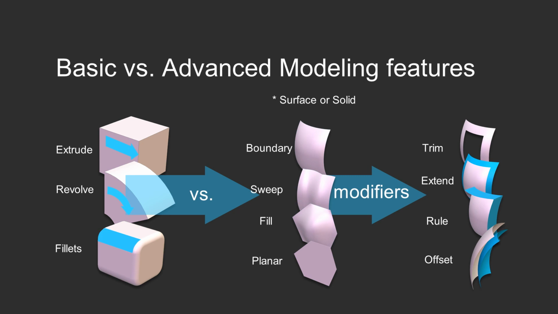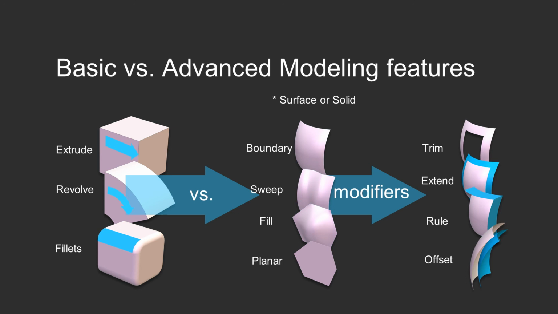And basic modeling just isn't enough for some consumer products to execute their shapes. So that's why we have this palette of many different features in SolidWorks to execute advanced shapes.